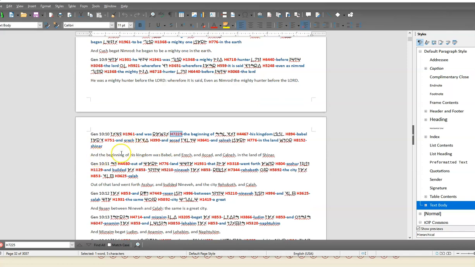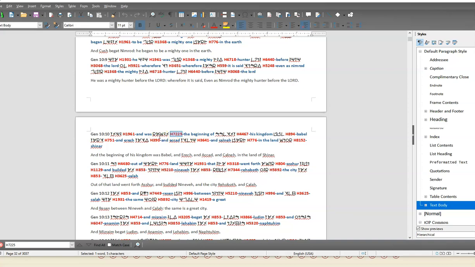And it says, in the beginning of his kingdom was Babel and Erech and Akkad and Calneh and Shinar. So it says, Ute'i Reshit Mamelakut or Mamelakatu. So basically, more like and was Reshit. So there's no definite article, just Reshit.